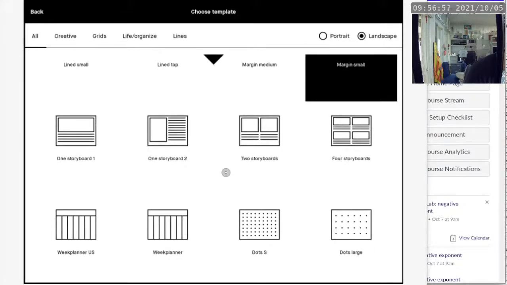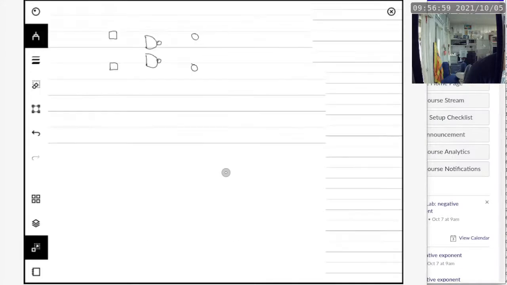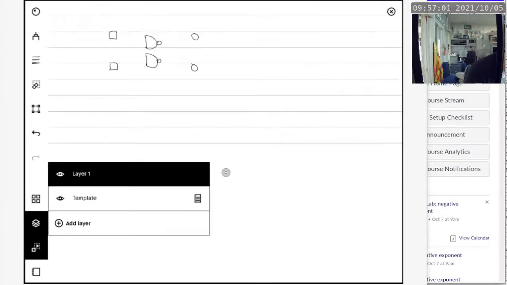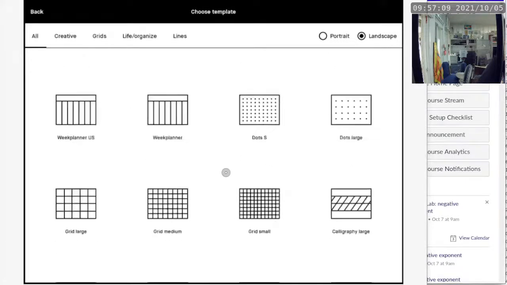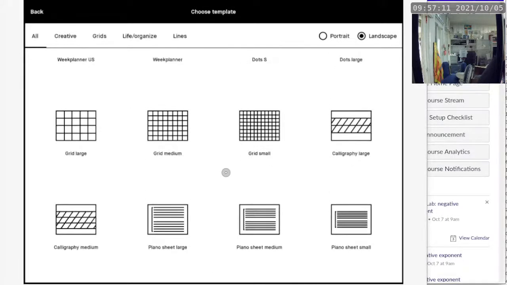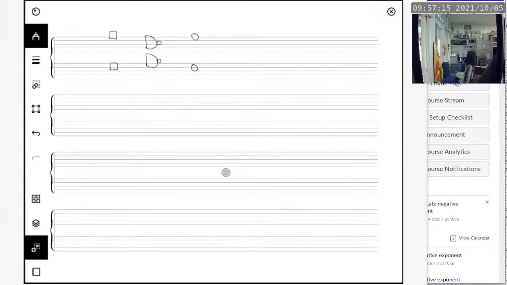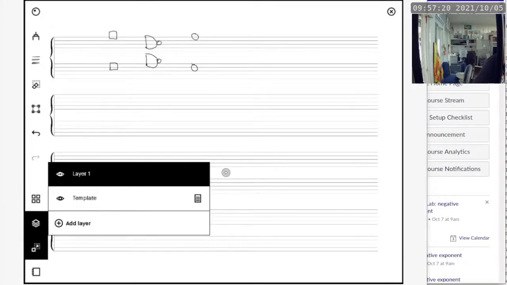And you would think blank is easy to find. Alright, grid top, nope. Nope. Nope. Oh, great. Now it's a music score.